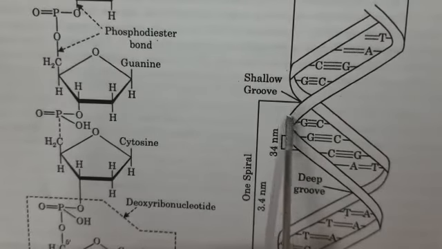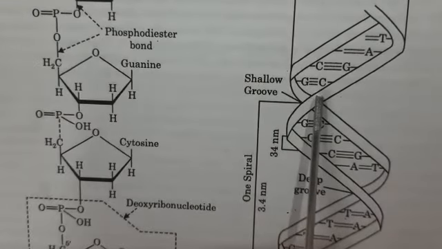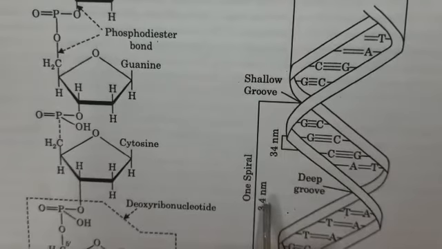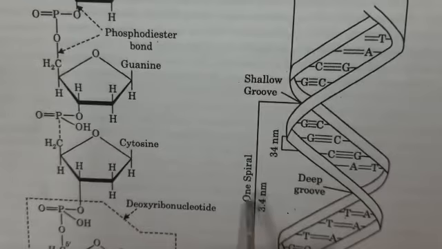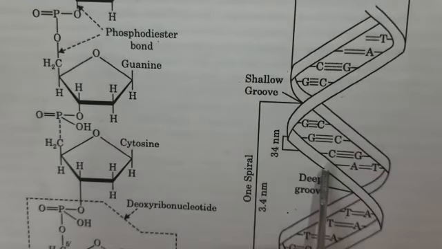One turn of the twisted double helical structure of DNA measures 3.4 nm, and it consists of a stack of 10 paired nucleotides, and the distance between adjacent paired nucleotides is 0.34 nm.